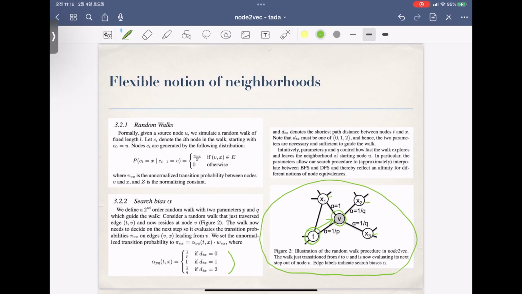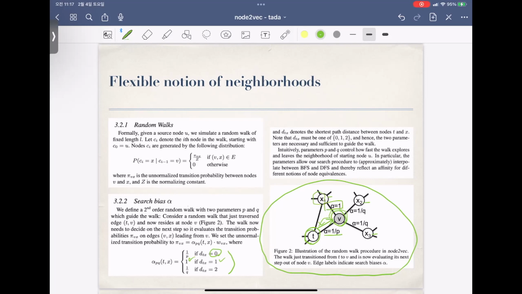So if the distance from the previous node is 0, indicating that V was to go back to T, since the distance is 0, the search bias is set as 1 over P. And if V was about to go to X1, since the distance between T and X1 is 1, the d_tx is 1, so alpha is set as 1.